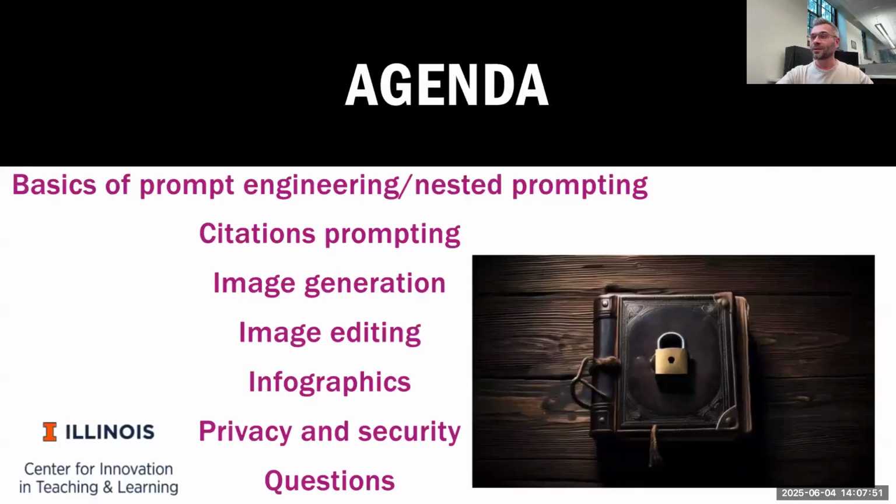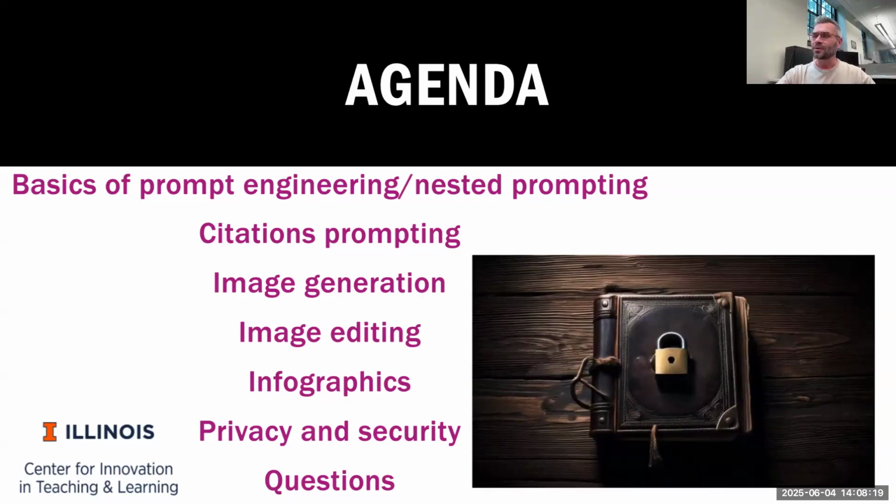So this is my proposed agenda for today. We'll talk about the basics of prompt engineering. For those of you who attended yesterday's session, I owe you the definition of nested prompting, and I'll talk about that in just a second, but it is also appropriate to this specific workshop. This also is a leftover from yesterday. I'll show you how to cite generative AI sources in any academic work.